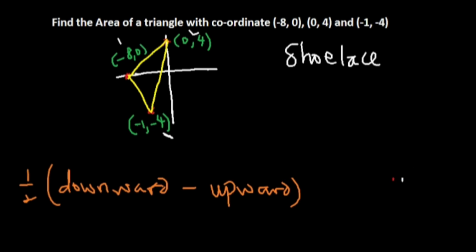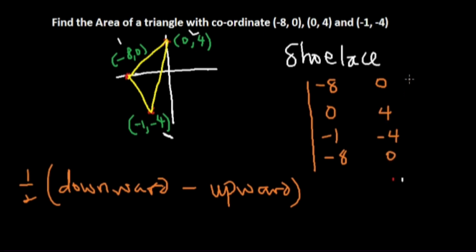This is our 1, 2, 3, as we have said earlier in the first method. So my x1 here is minus 8, my x2 is 0, x3 is minus 1. So I put my minus 8 again. My y1 is 0, 4, minus 4, and 0.